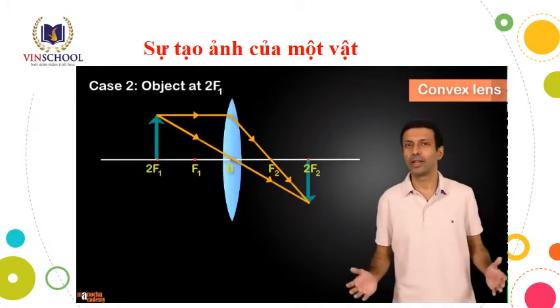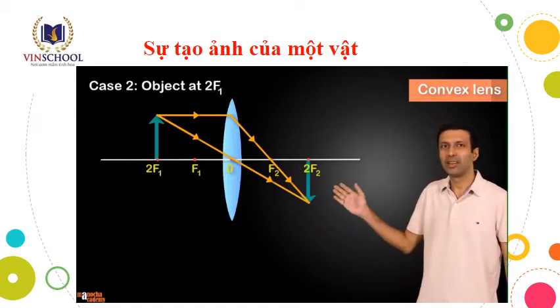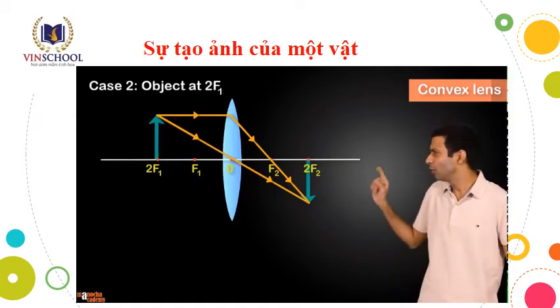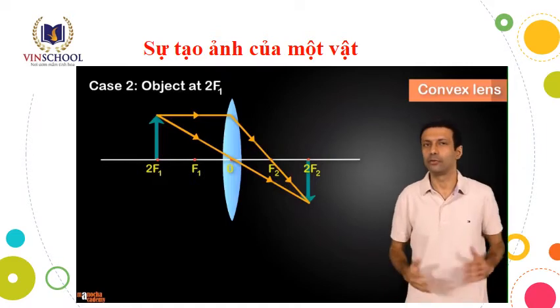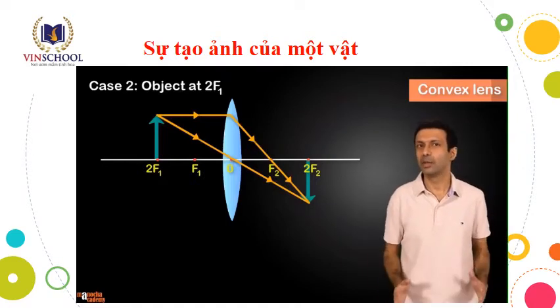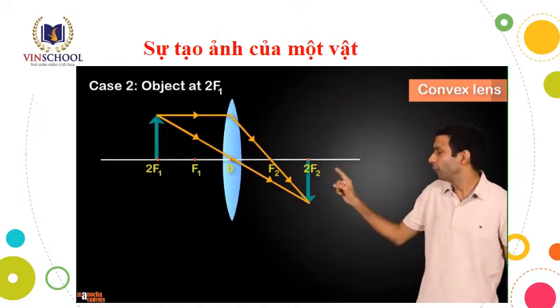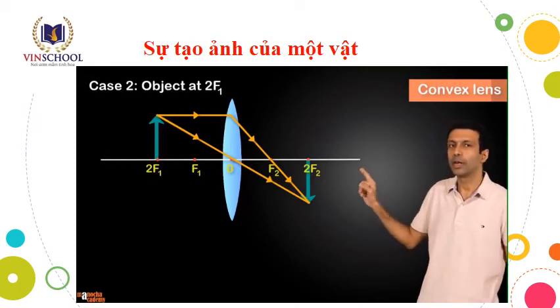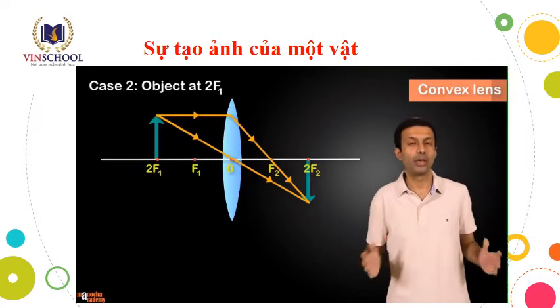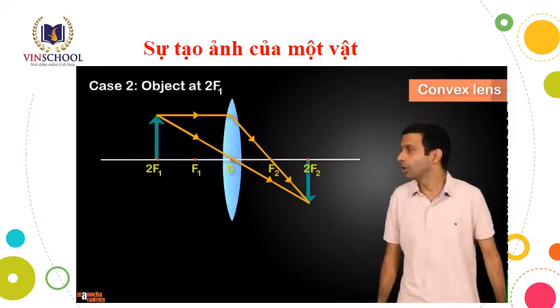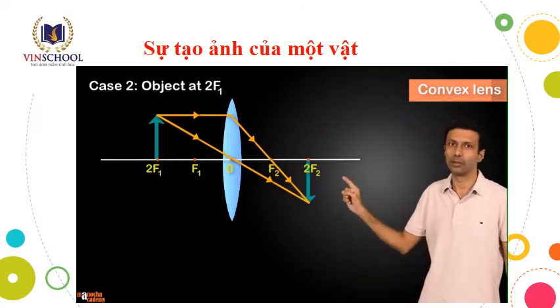If you try drawing the diagram for this case, you might find that the image is not exactly at 2F2. Now this can happen if your foci F1 and F2 and the points 2F1 and 2F2 are not exactly equidistant from each other, or the rays are not accurately drawn.